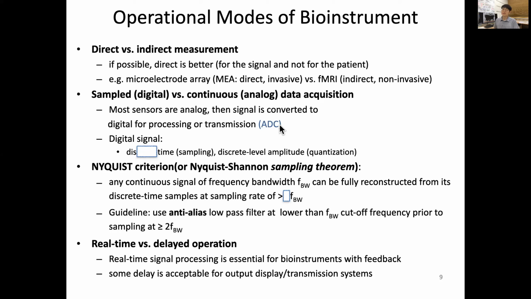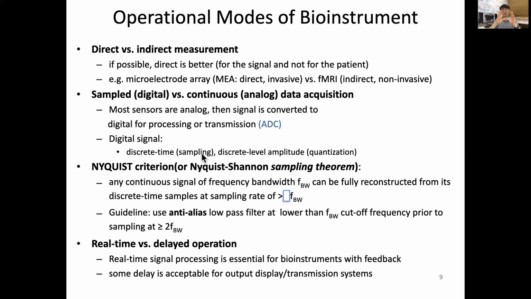So for digital signals, there are two ways to consider this. First, in terms of time, it's a discrete time signal. We call it sampling. Time is itself continuous, but for our purpose, we usually sample so that we don't measure the whole lot of data, only meaningful time intervals.